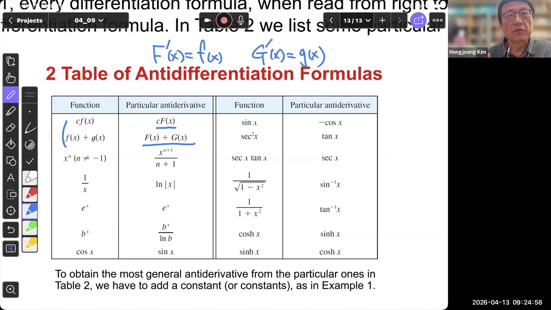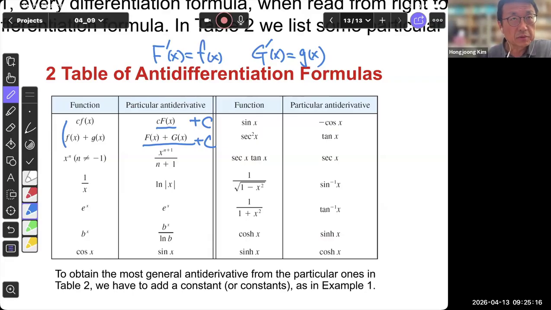Of course, the general antiderivatives are defined by adding constants, but this addition of a constant is so trivial that it is not shown in this table.